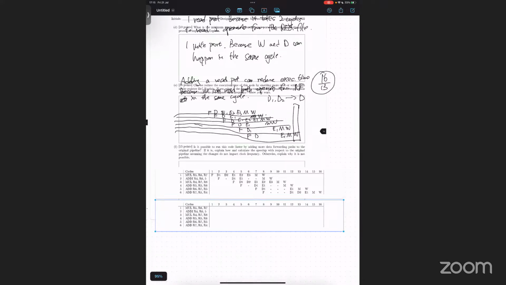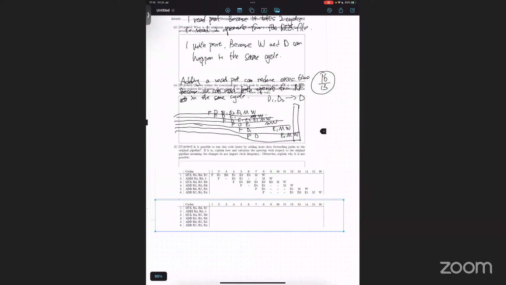So here we are looking for opportunities that, once some data comes out of the ALU from the execution stage, we should try to forward it to the next dependent instruction as early as possible.